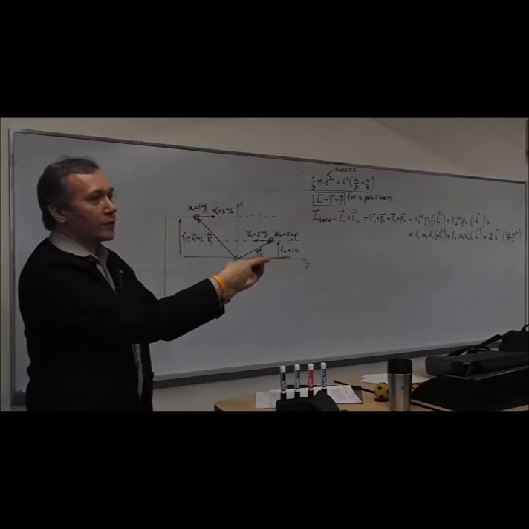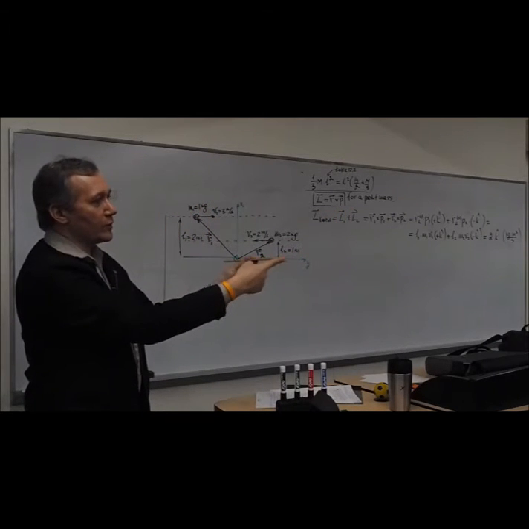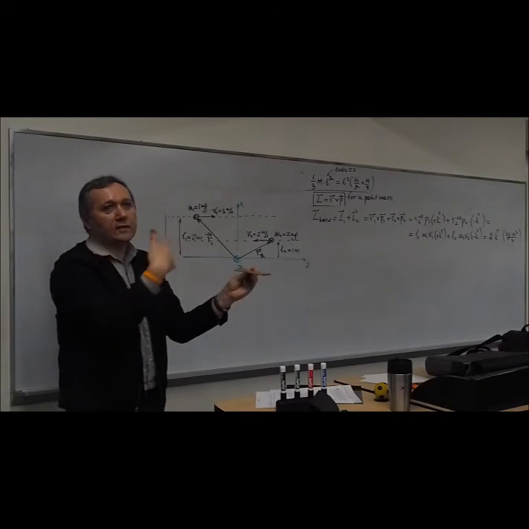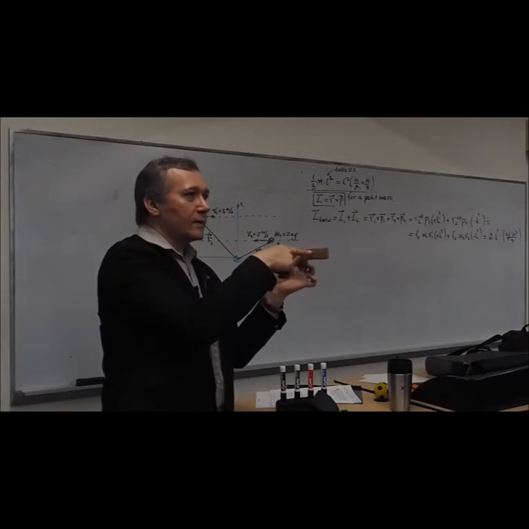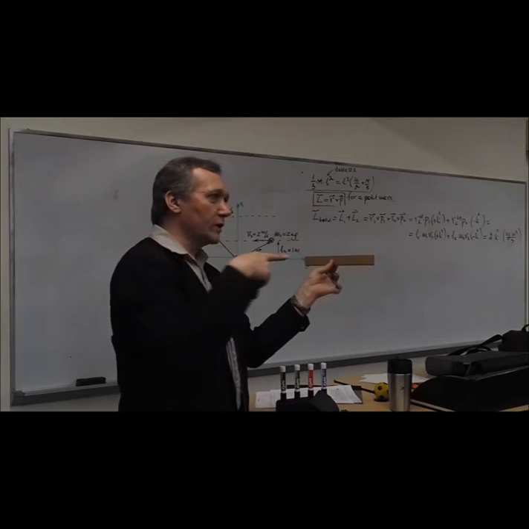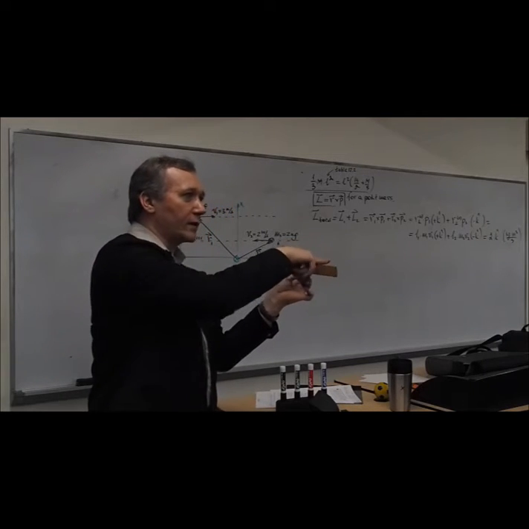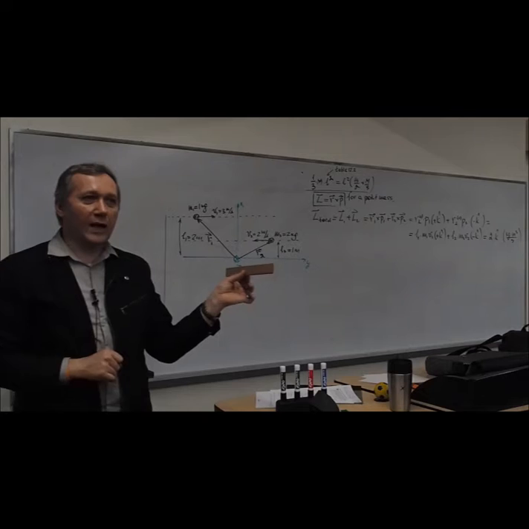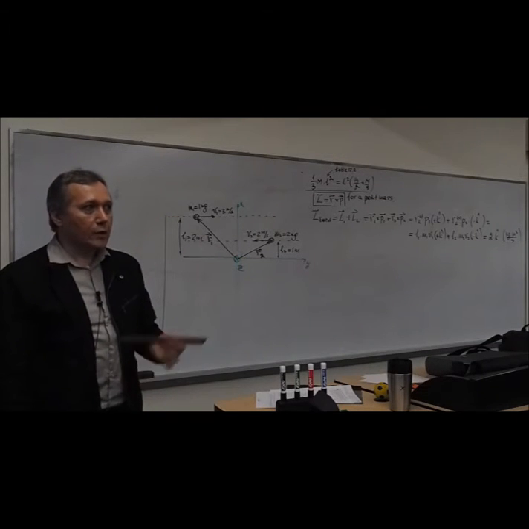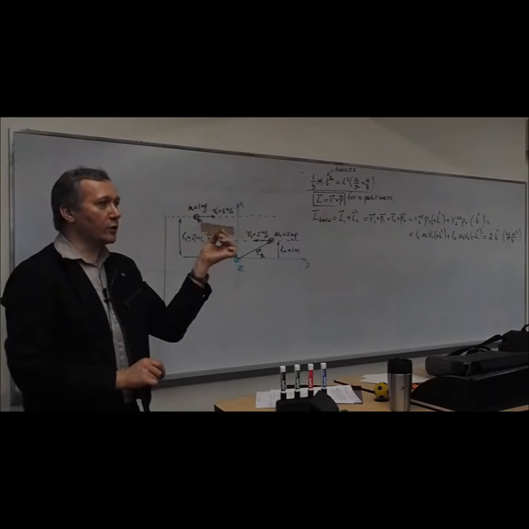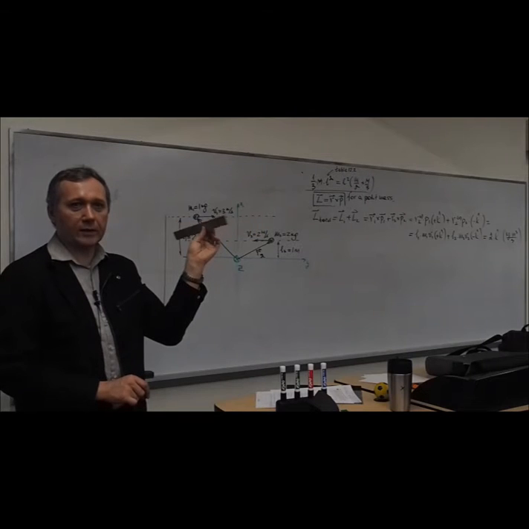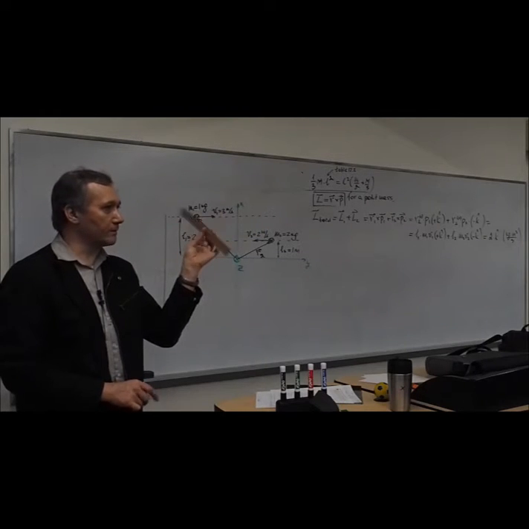Then you shoot a bullet through the midpoint between this end and the center of mass. Let's say the bullet doesn't get stuck inside. It just flies through. So the bullet before flies this way. After the collision, it continues flying, of course, with a smaller velocity. So we need to calculate the angular velocity of this rod after this interaction. Of course, the rod will start spinning.